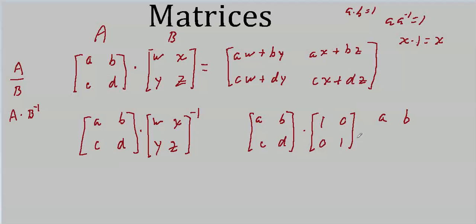And that's C times 1 and D times 0. And CD times 0, 1, we get C times 0 and D times 1. So, it's been a while, but I guess I guessed right. This is what takes the place of 1 in the world of 2x2 matrices.